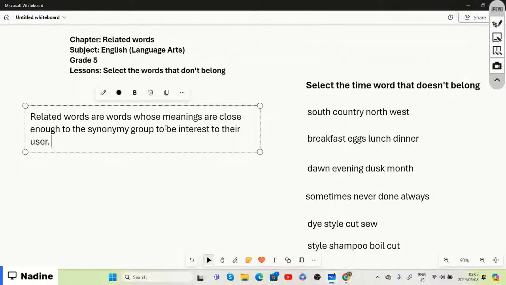For example, if we talk about directions, the words under the category of directions would be north, south, east, and west. But if we say north, south, east, country, then country does not fit in there, because it is not part of the direction category.